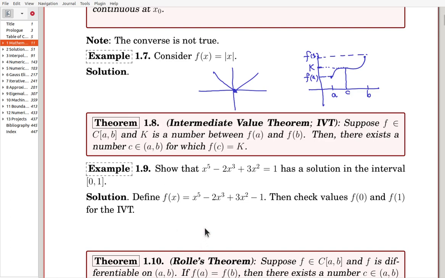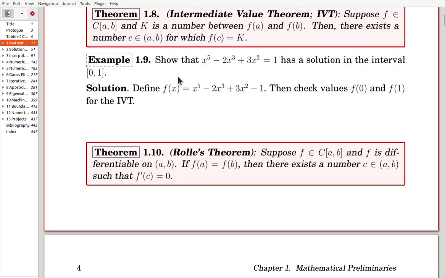Okay, let's see this example. Show that this equation has a solution in the interval 0 and 1. To solve the problem, we define a function f of x, moving this 1 to the left-hand side, and we define that as f of x. So solving this equation is the same as finding where f of x is 0, right?